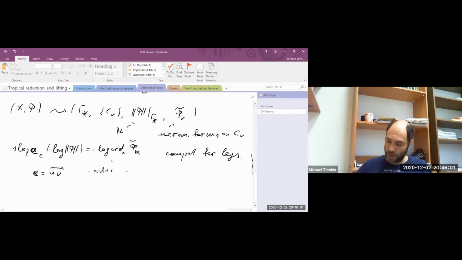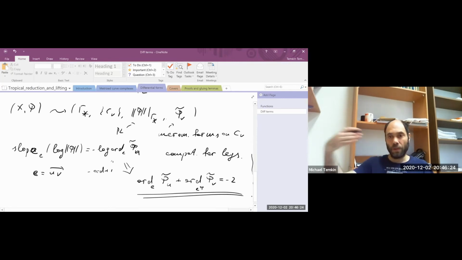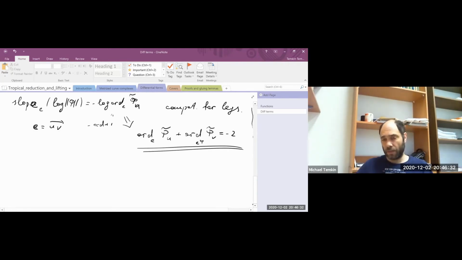Maybe just from this condition, I'll mention that for such an edge, one has that the order of φ̃_u at e plus the order of φ̃_v at ē equals -2. Yes, the sum of log orders is 0, but the sum of orders is -2, as often happens when one glues differential forms on nodes.